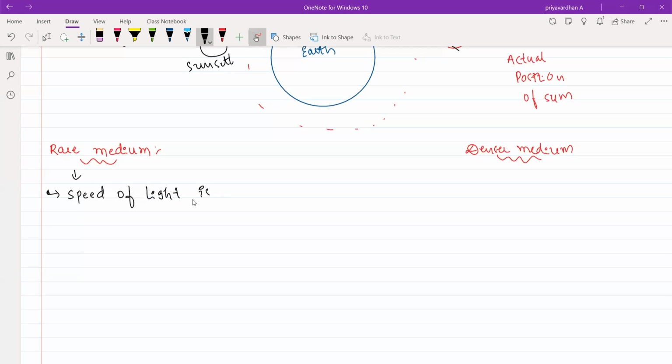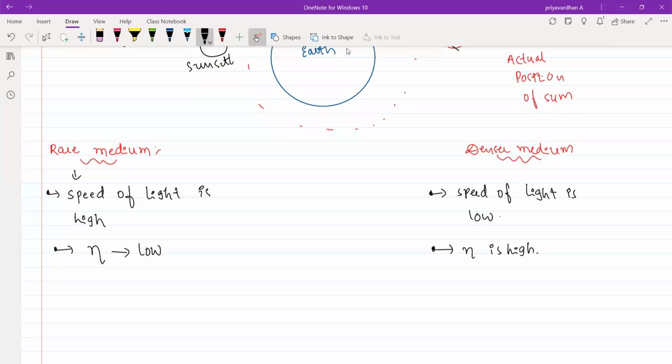The speed of light is high in a rarer medium. In a denser medium, the speed of light is low. The refractive index for a rarer medium is low, but for a denser medium, the refractive index is high.